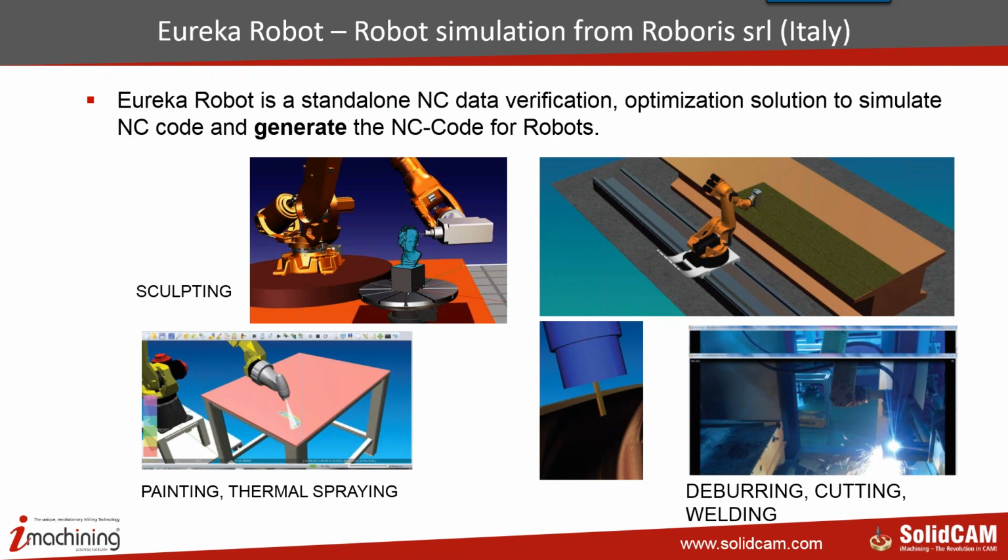They have options for sculpting, painting, thermal spraying, deburring, cutting, welding, and so on. There are a lot of conditions they can support, and this is a topic for a specific webinar.